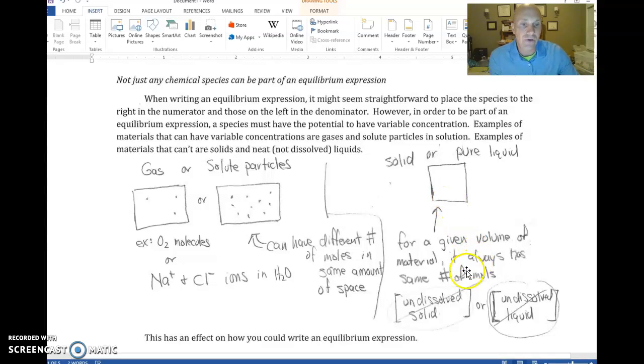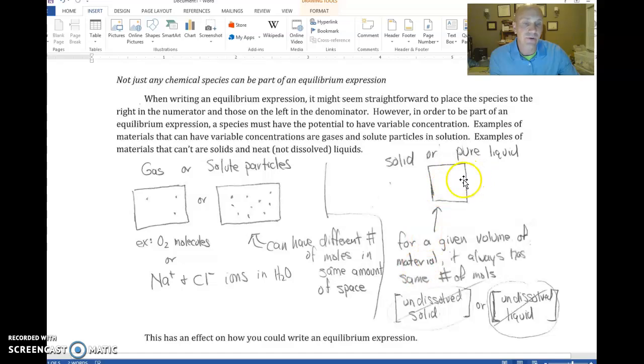What happens in these types of materials is that the ratio of the number of moles divided by the volume that much material occupies is always going to be the same. So if I had a large sugar cube versus a small sugar cube, the number of moles in the small sugar cube divided by its volume is going to be the same ratio as the number of moles in the large sugar cube divided by its volume.